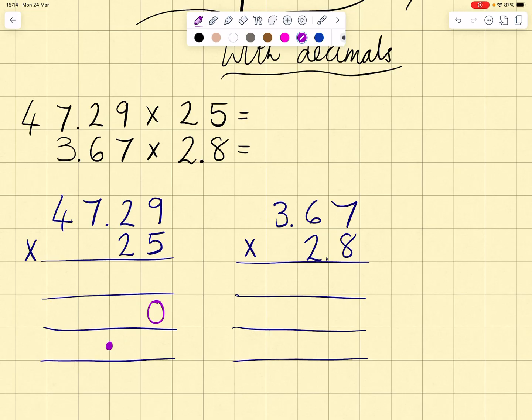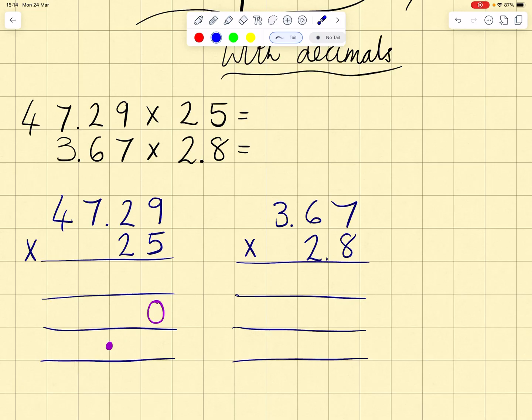On the second one, it's a little bit more complicated because we've got a decimal multiplied by a decimal number. In this case, again, I'm not going into great depth as to why we do this, but personally, I tend to just count the numbers after each decimal point or place, and then count that many into my number at the end.